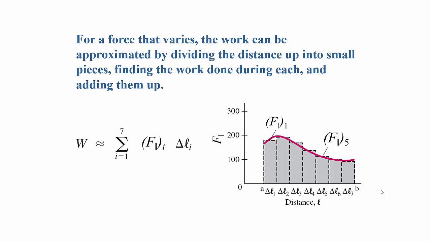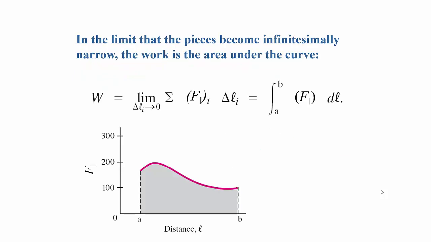And so in calculus, you learn about going from Riemann sums to an integral. In the limit that the pieces become infinitesimally narrow, the work done is the area under the curve. So it's the integral from the starting position A to the ending position B of F parallel times dl.